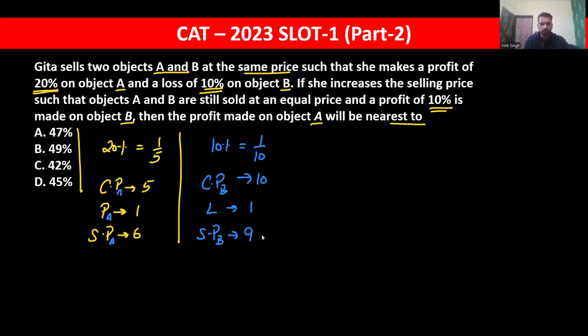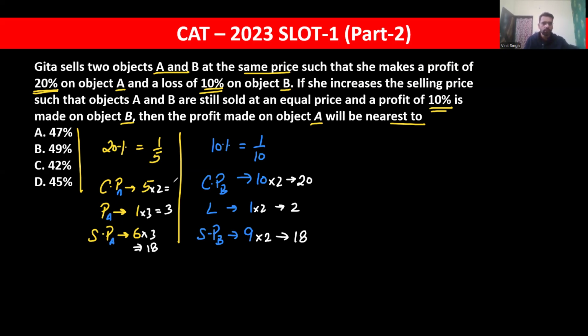First of all, we will multiply by 2, 2 and 2. Now the cost price becomes 20, the loss becomes 2 and the selling price becomes 18. Multiply the other by 3. Why are we multiplying by 2 and 3? Because we have to equate the selling price, which is equal to 18.